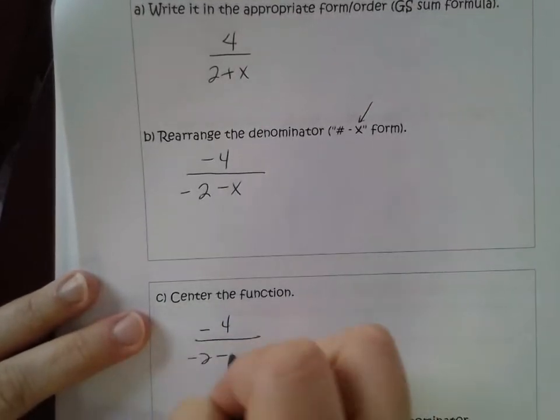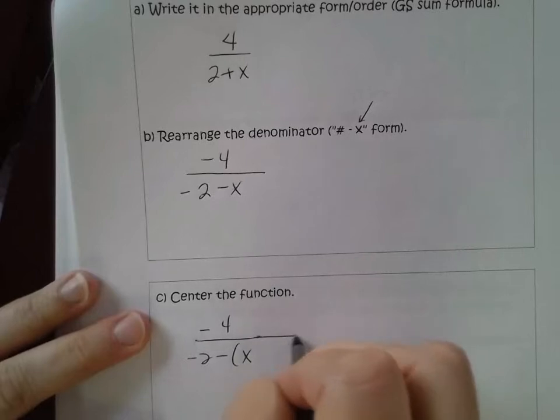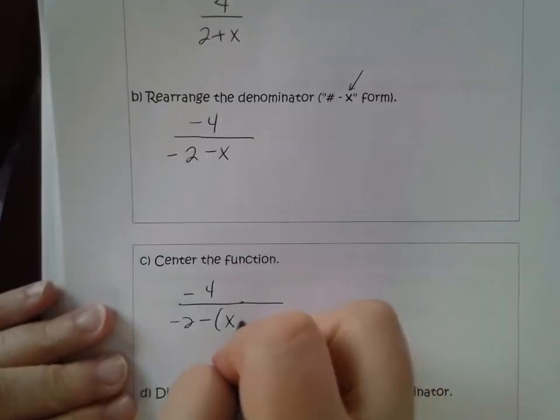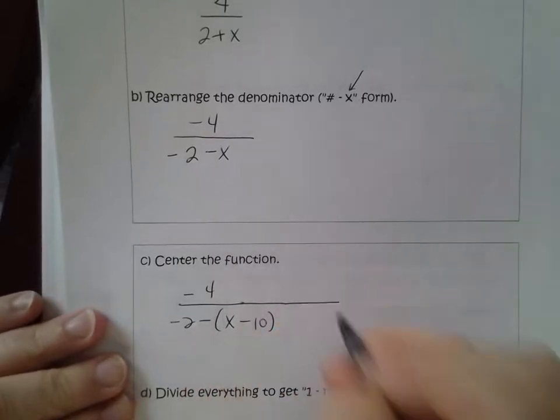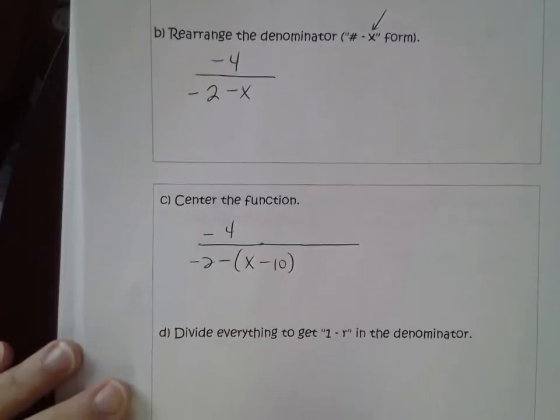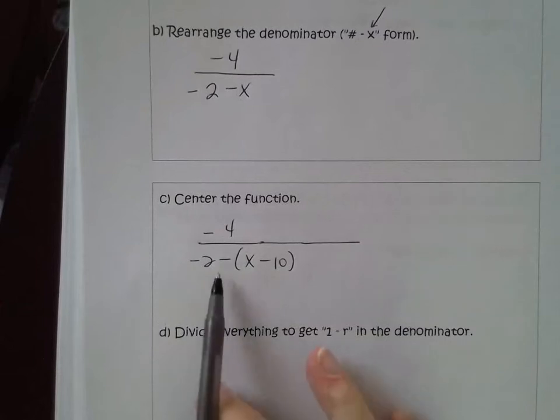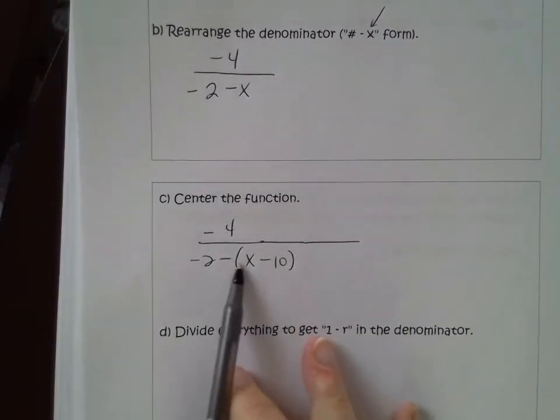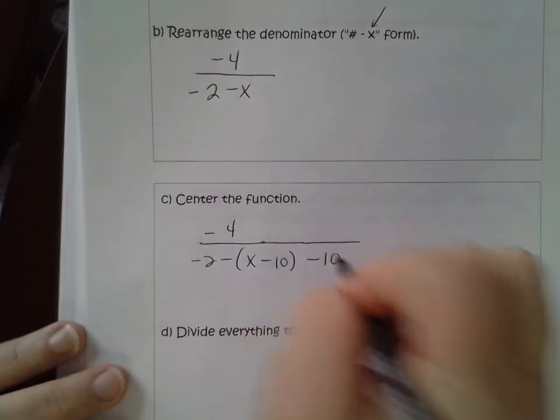Centering the function requires me to write, instead of x minus c, x minus 10. And I'm going to remember that I'm not actually subtracting 10 here, but because there's a minus out front, I'm adding 10. So to balance this out, I have to subtract 10.